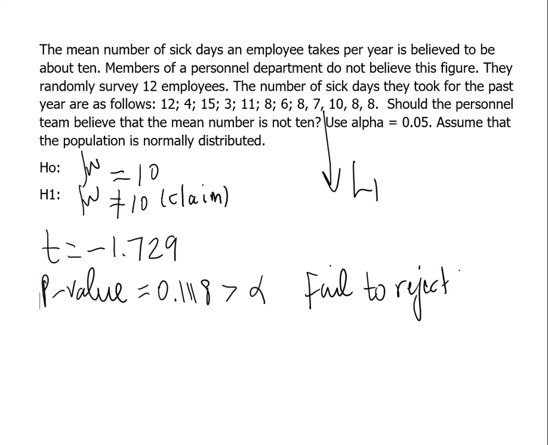So when you fail to reject H0, you're probably saying that H0 is not bad. So probably it's good. And if you fail to reject H0, guys, remember you cannot support the claim. So you say there is not.